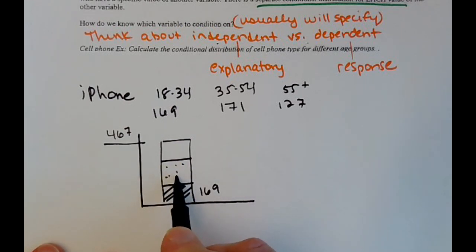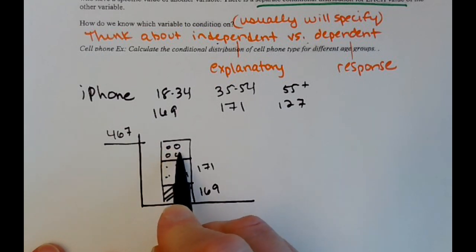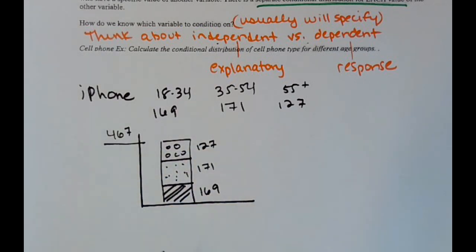This, just to mark it, would be my 171, and then this might be my 127, but the whole thing is going to be all of the data. So the whole thing is all of the amount that we've actually figured out for our data, like how much there are total in our thing.